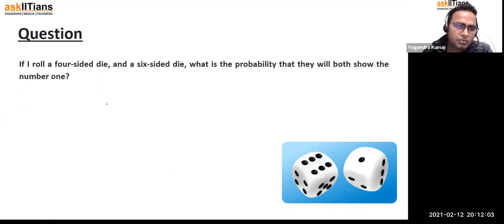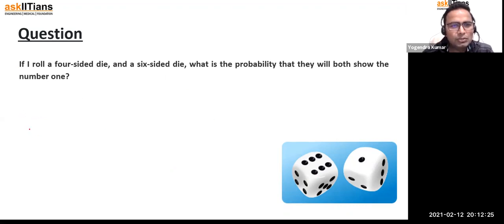Suppose two dice are there. We are rolling them and we want to find out the probability that they show 1 and 1. I know the wording of this question is weird, with the four-sided figure and all. We need to remember this die only, don't get confused.